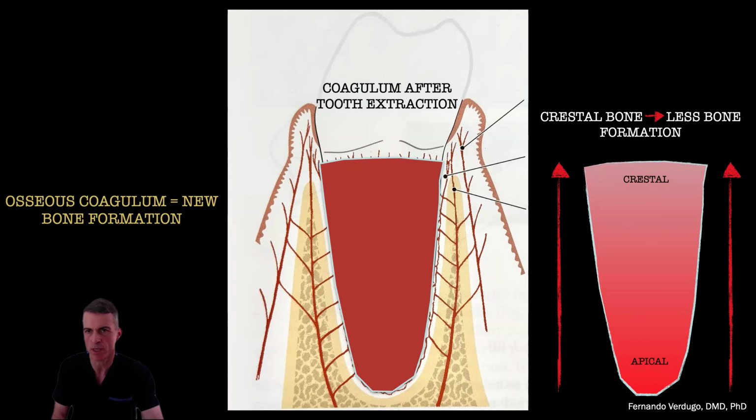So we have to be aware of the situation so that the crestal bone is intact. We have to favor and enhance, especially at the crest, because it's the most aesthetic area. We want to enhance that. We could see more aesthetic complications if that crestal aspect does not have healthy bone.